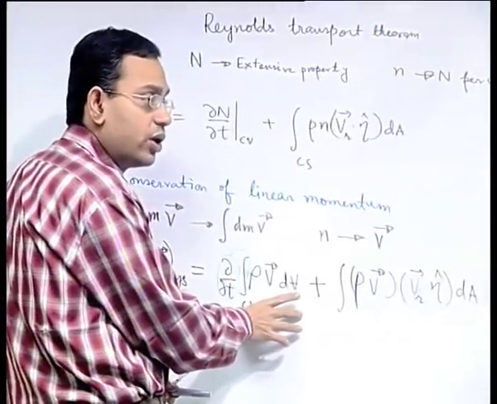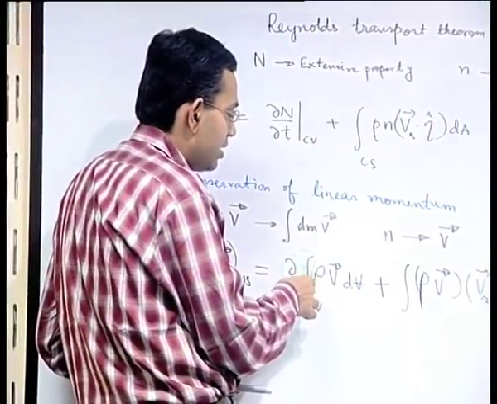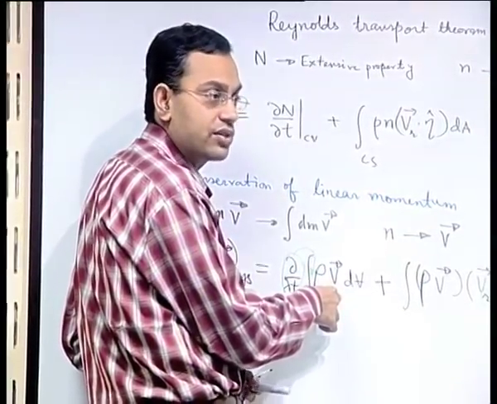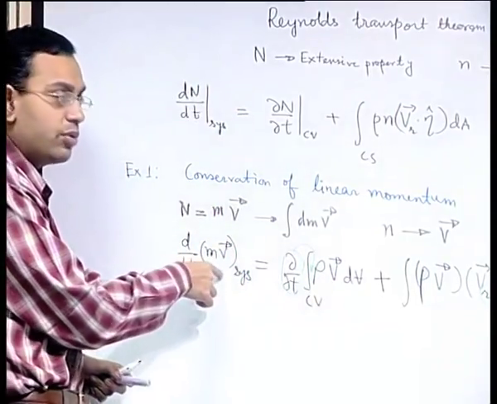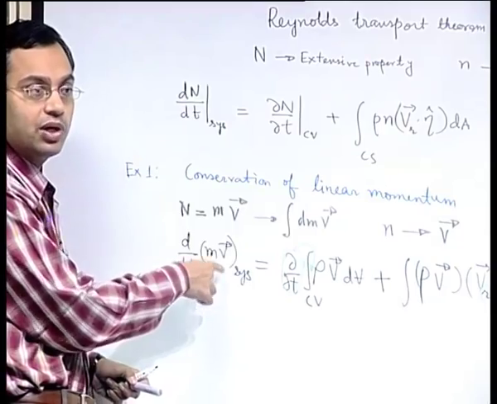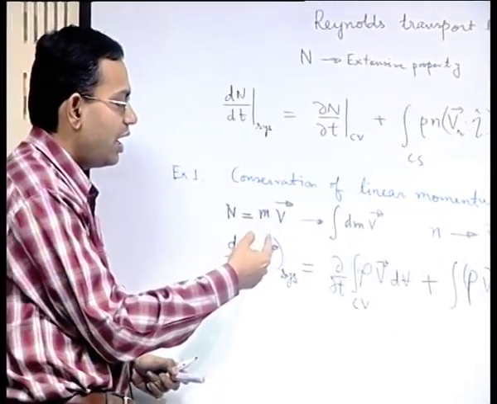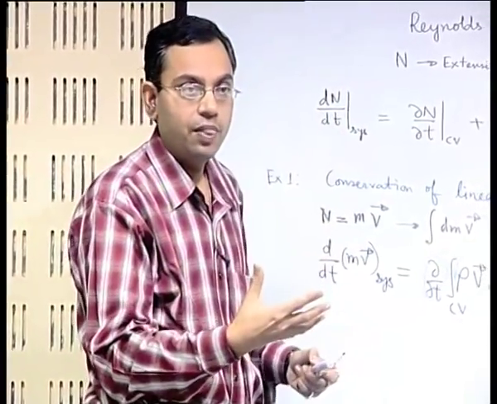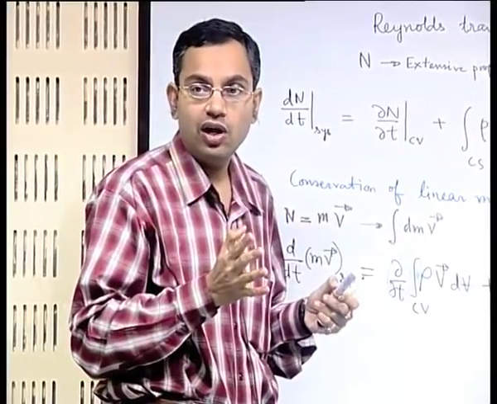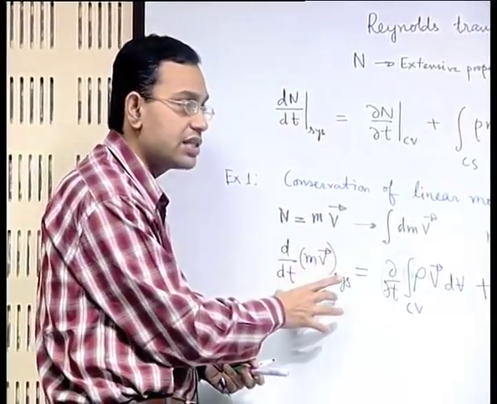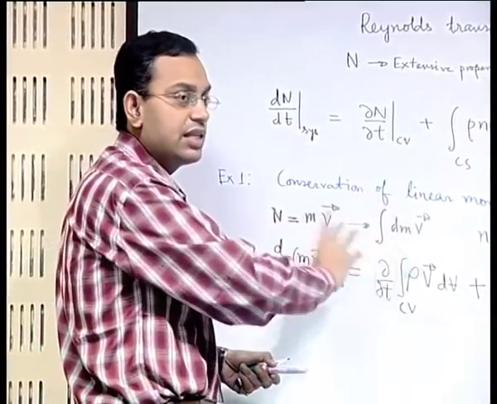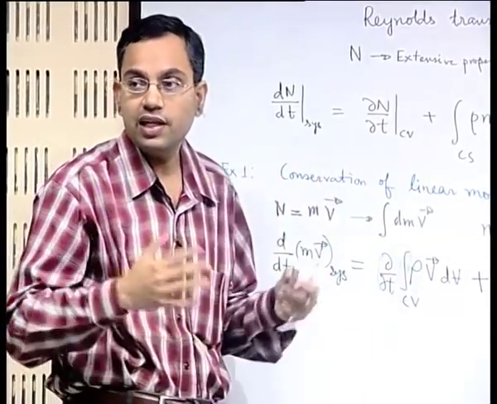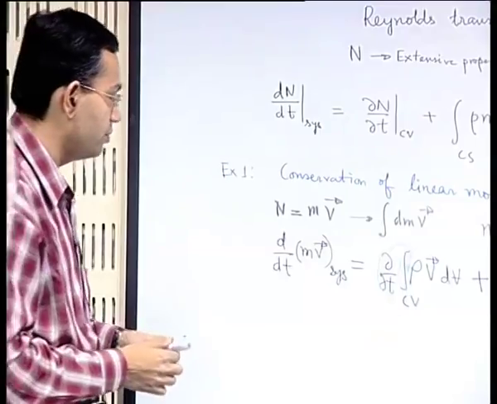Now if you write it for a control volume, this is basically the rate of change of linear momentum for a control volume, but that you cannot write as the total force, whereas the rate of change of linear momentum of the system you can write as the total force, because Newton's laws of motion are applied for a system of particles, but not for a control volume directly. So we are basically trying to apply Newton's law, because we know Newton's law for a system, we use the interconversion between the system and the control volume, so that we will effectively be writing Newton's law for a control volume. That is nothing but the linear momentum conservation for a control volume.